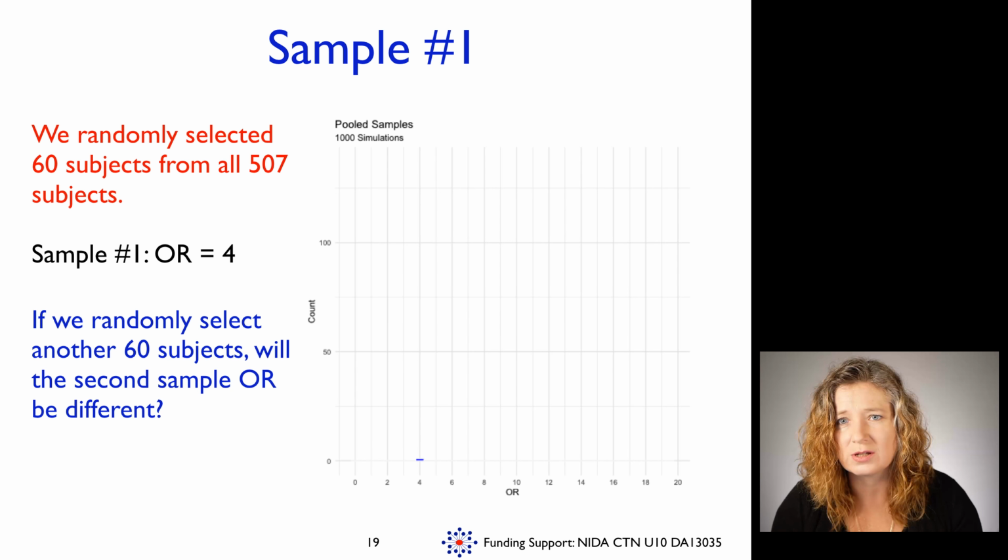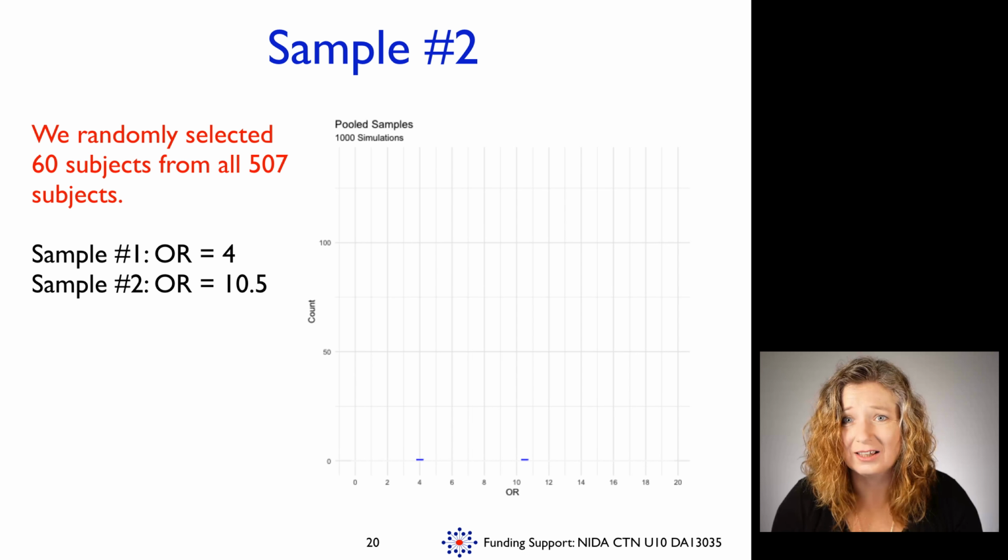But because I'm using a random process, I hope that these two odds ratios will be very close to each other. So what happened? The second odds ratio was 10.5. So you can see on my very simplistic plot that 4 and 10.5 are quite far from each other. So these two random samples of 60 subjects from 507 are already producing quite different odds ratios.